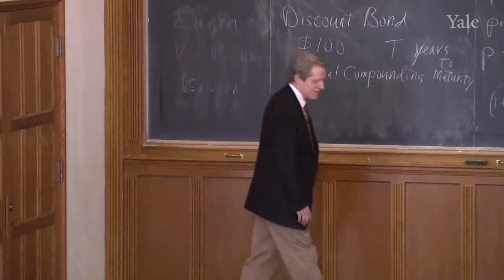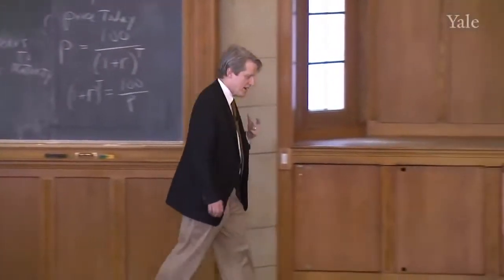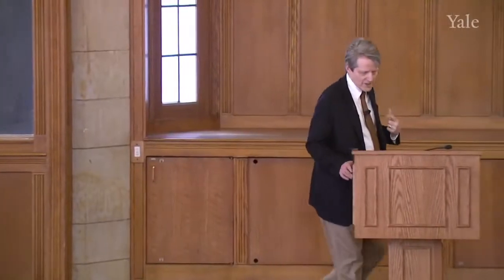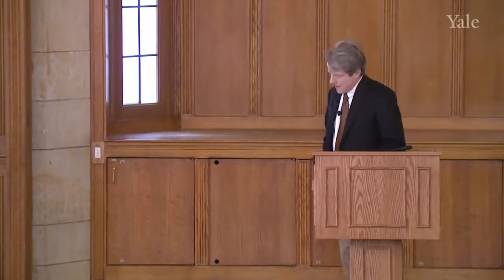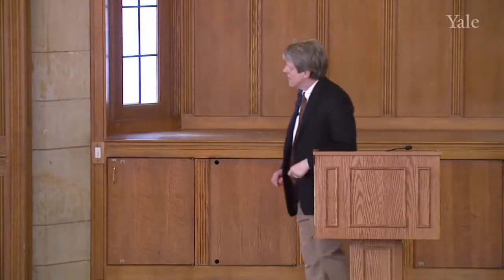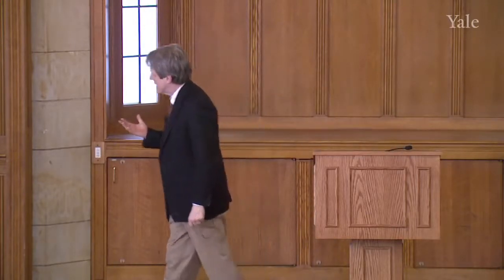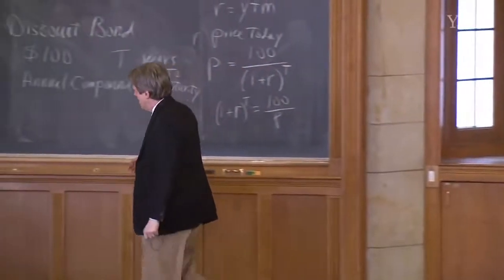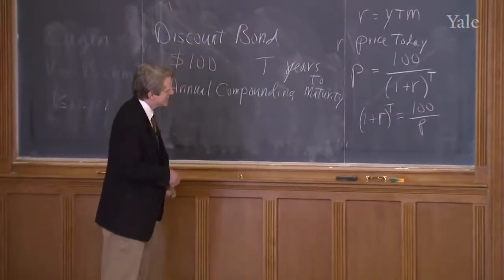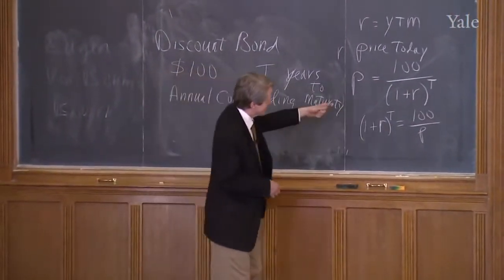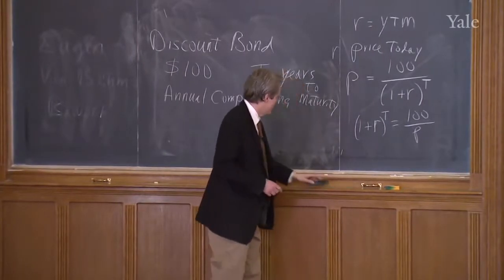So it's as if it's paying an interest rate, r, once per year for T years. We can infer an interest rate on it, even though the bond itself has a price, not an interest rate. I mean, we can calculate the interest rate by using this formula.